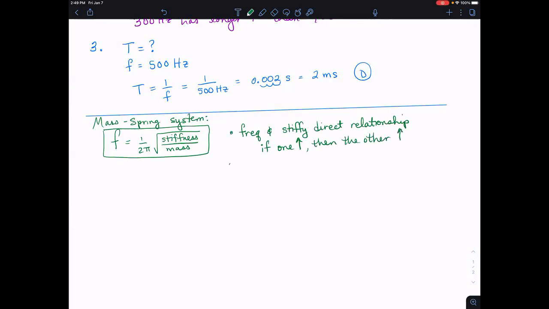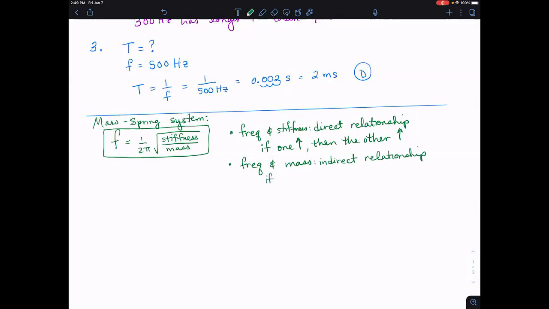And then frequency and mass have an indirect, or inverse, relationship.